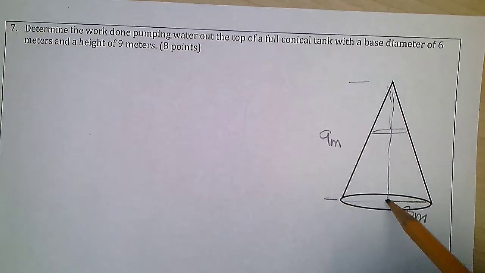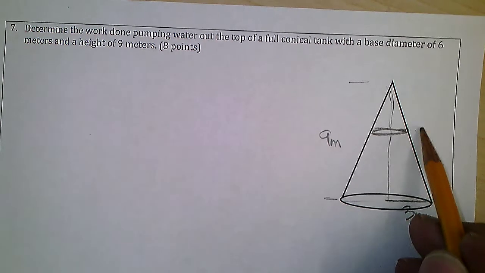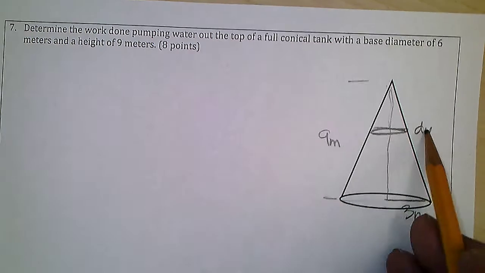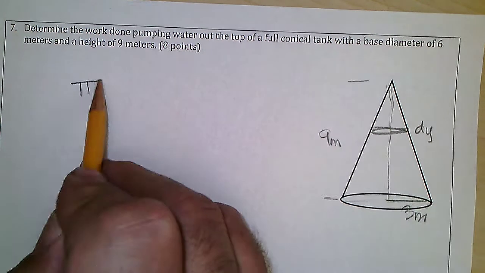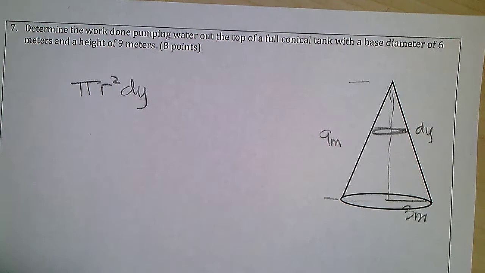So the volume of that slice is going to be, let's just say dy because it's in the y direction, so it's dy times r squared pi. Pi r squared dy is the volume.